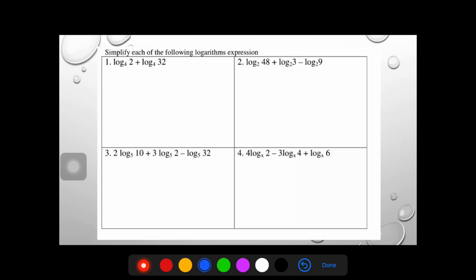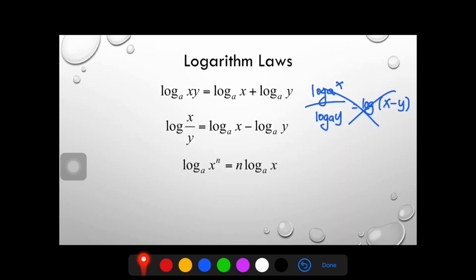And next, simplify each of the following logarithmic expressions. So we check the first question. Log base 4 of 2 plus log base 4 of 32. These are the same base 4. And plus, just now according to the law of logarithm, plus means multiply.